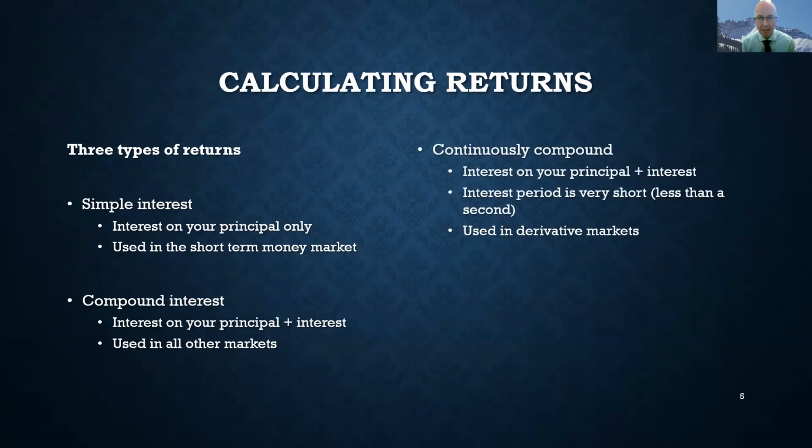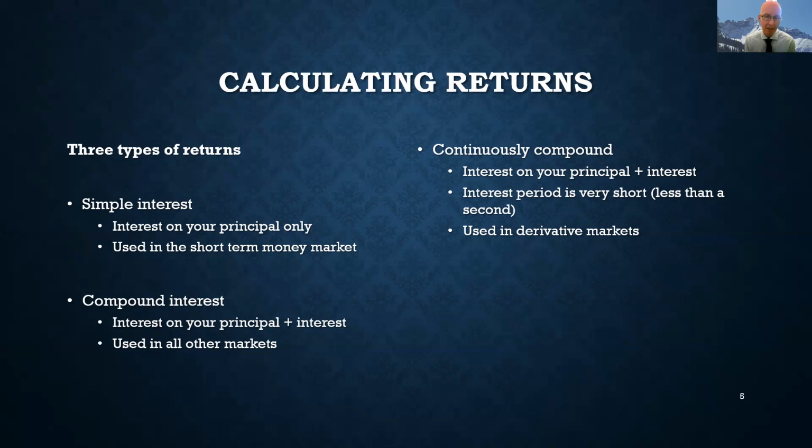And we have continuously compounded, which is also a form of interest on your principal and interest. But the interest period is very, very short. It's actually less than a second. And it is used in the derivative markets. So compound interest is used in all markets other than the short-term money market and really the derivative market.